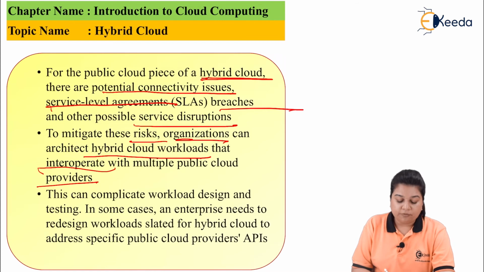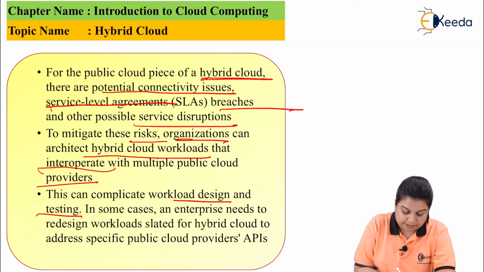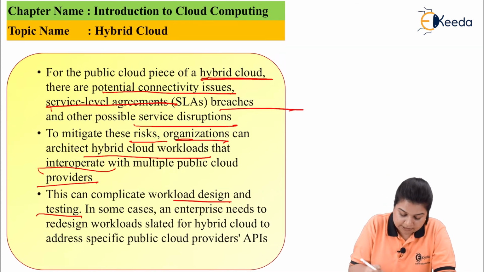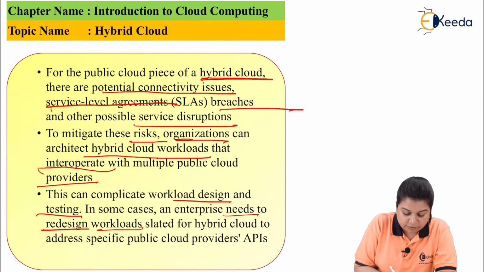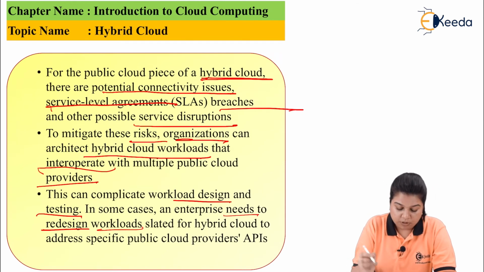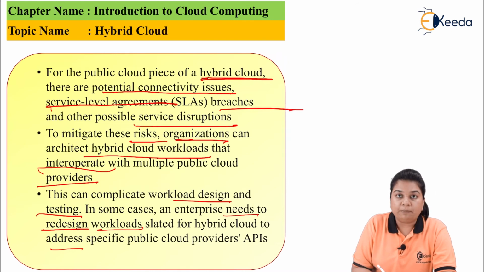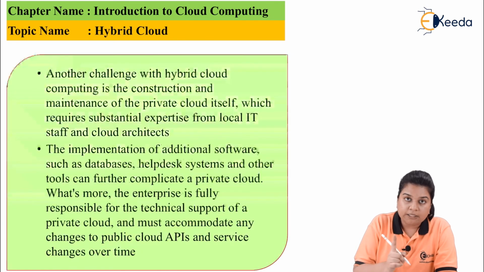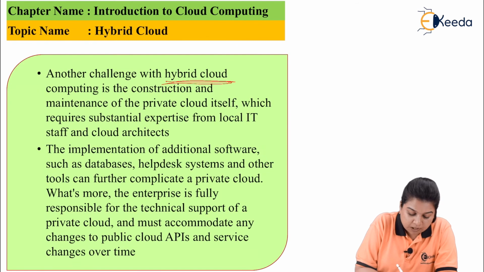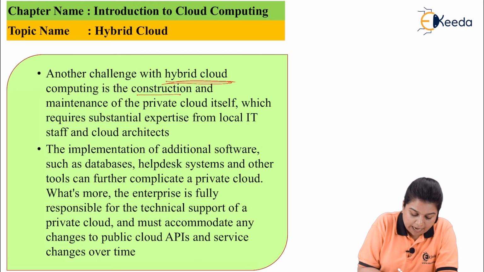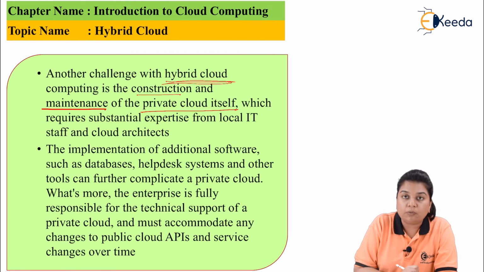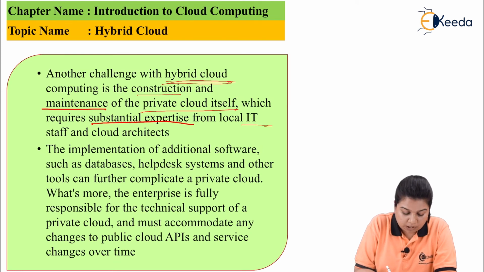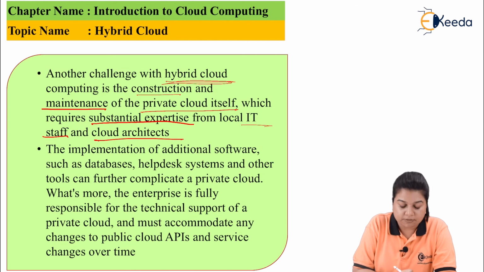This can complicate workload design and testing. In some cases, enterprises need to redesign workloads slated for hybrid clouds to address specific public cloud providers' APIs. APIs is application programming interfaces. Another challenge with hybrid cloud computing is the construction and maintenance of the private cloud itself, which requires substantial expertise from local IT staff and cloud architects.